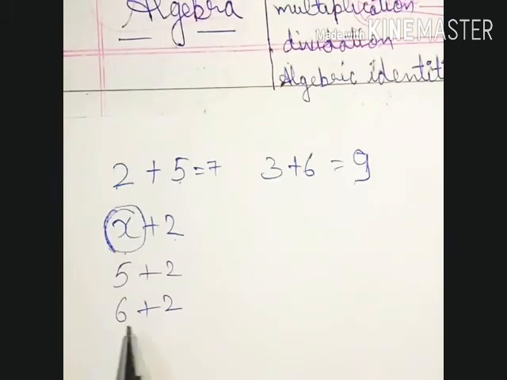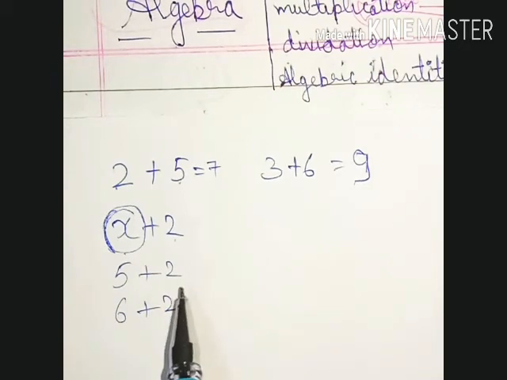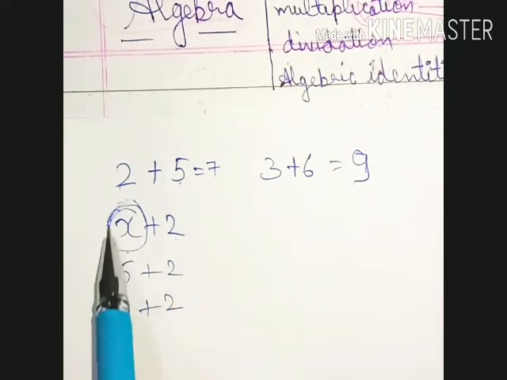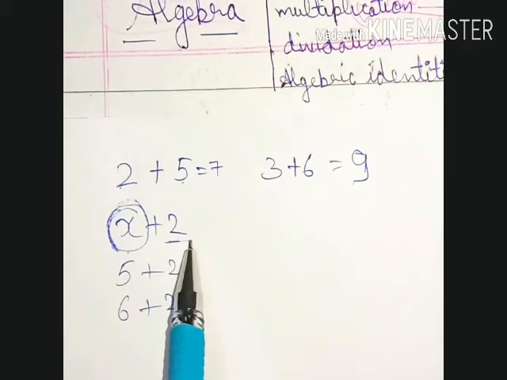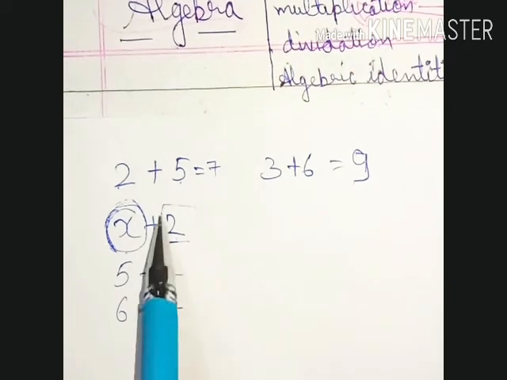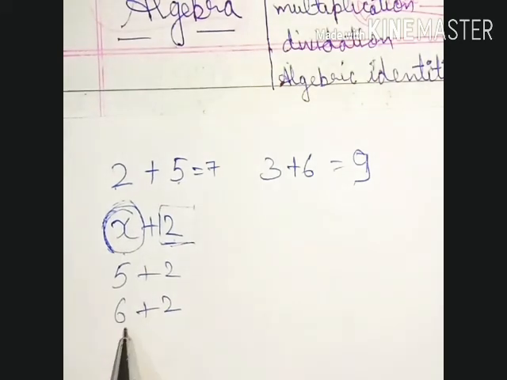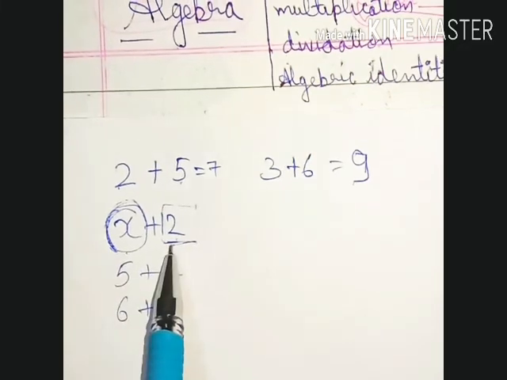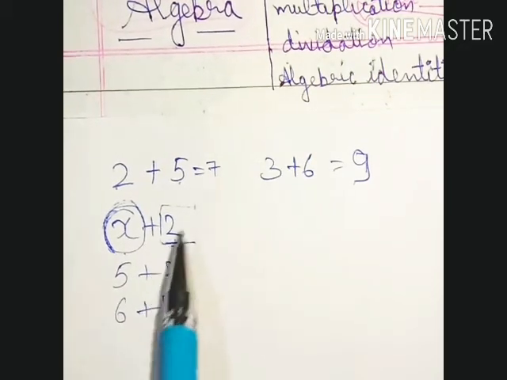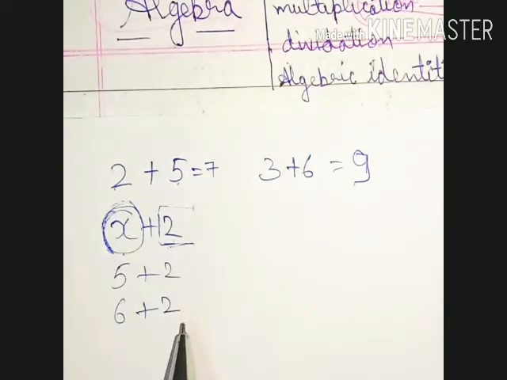Whatever the value of x, the result will be different. So we can say x is a variable and 2 is a constant. The value of 2 will remain 2 only. It will not change. But the value of x will change according to the question or whatever value we put. This is the difference between normal arithmetic and algebraic addition.